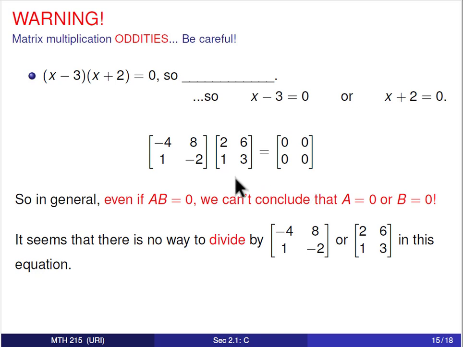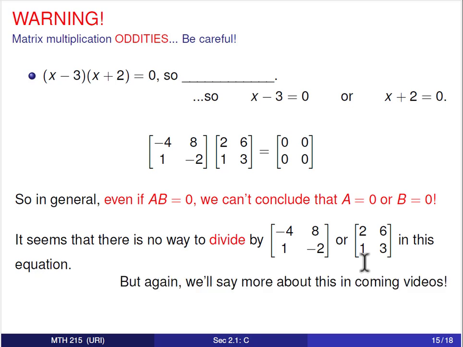But then that would tell us that something that is definitely not the 0 matrix is equal to the result of 0 divided by something, and that doesn't usually make sense. So we should not be able to divide by either this matrix or this matrix in this equation. But we'll say more about that. It turns out that there is a property of matrices that these two matrices don't have that allows you to say a bit more.